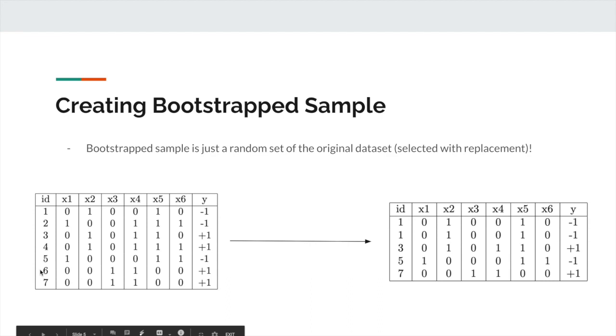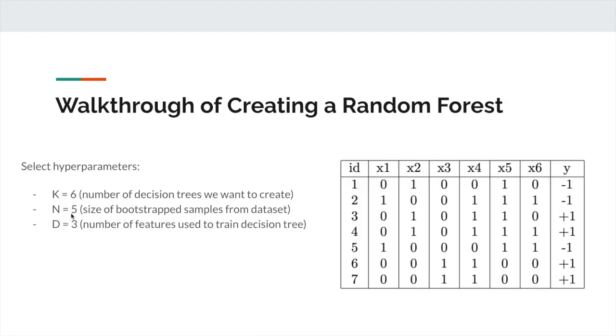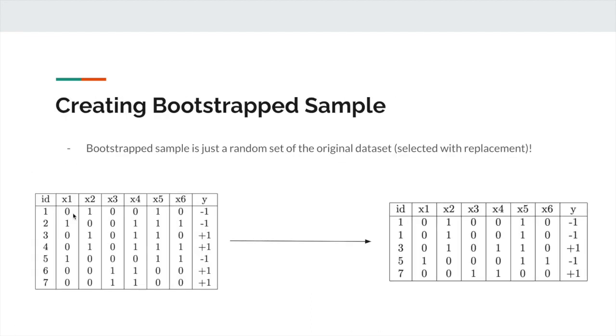So let's say we previously set n to 5, so we want 5 entities in our data set after bootstrapping. So basically, 5 times, we randomly select one of the values in our original training set and just put it in our new bootstrap sample, right? So the first time we randomly select one, we put one in, right?